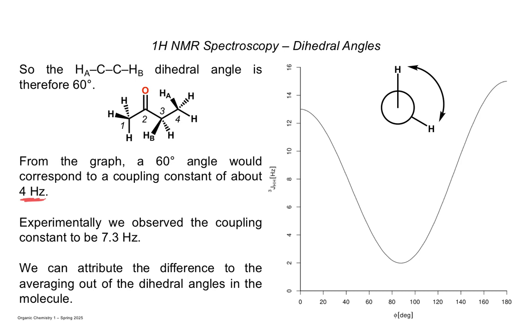So if you just focus on red and blue, it's not locked. So let me hold it like that. It's constantly moving between that 0 and 180. So overall, all of those angles average out to the 7.3 hertz.